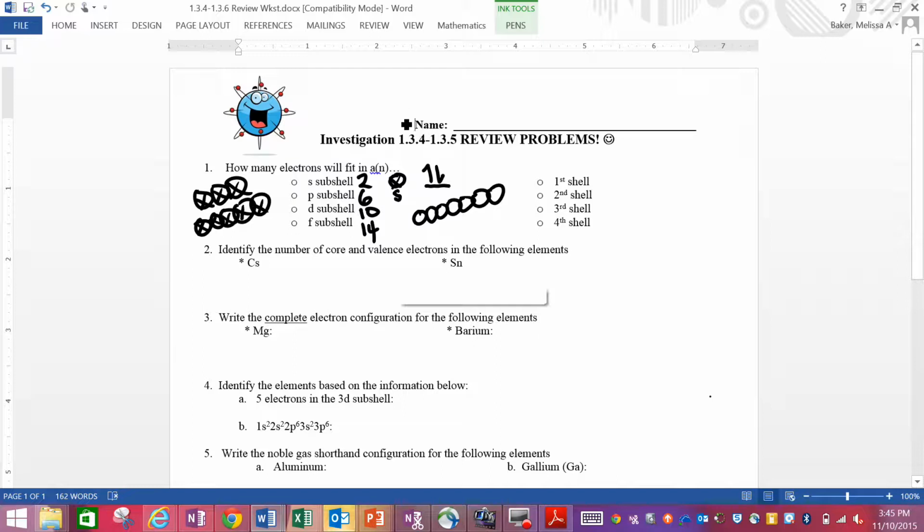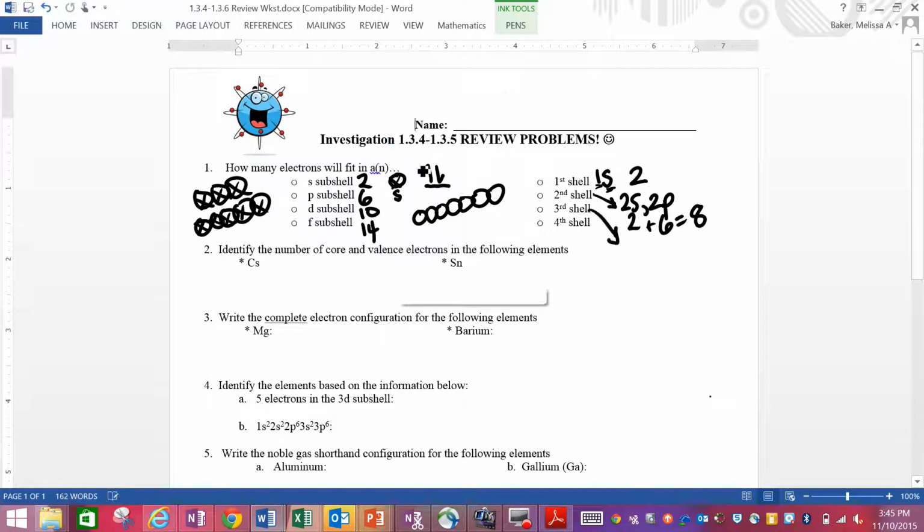How about the entire first shell? Well, the first shell just has a 1s. So we call it a 1 because it's in the first shell, and then it just has an s. So only 2 electrons can fit. But the second shell has a 2s and a 2p. So 2 can fit in an S plus 6 can fit in a P. That makes 8.